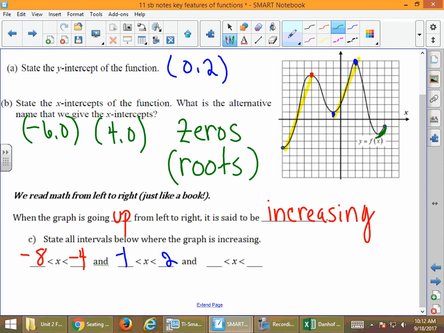Didn't go very far. But we want the x value of our green point right there to the very ending point. And the x value of our green point is 1, 2, 3, 4, 5. And then our ending point on our graph happens to be at 6. Looking at the x values where our graph is increasing.